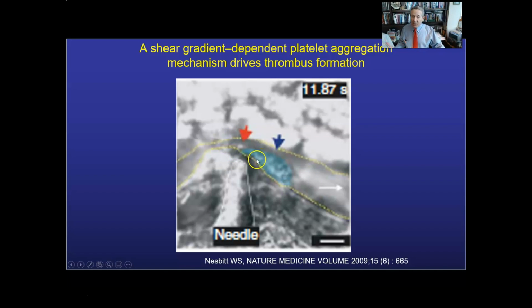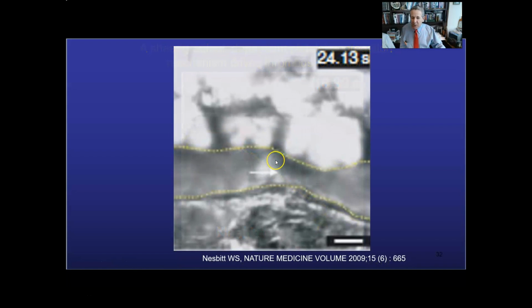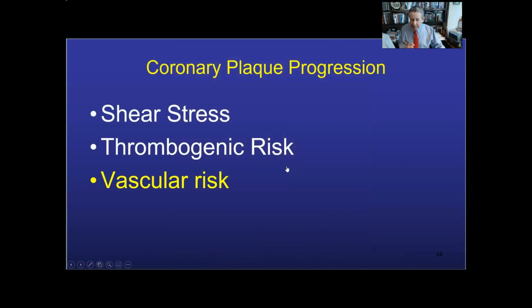Not only do you have risk of atherosclerosis, you have risk of platelet aggregation and thrombosis. And when you pull the needle back, you begin to disrupt the plaque and you get laminar normal flow again. So flow has a risk for thrombogenesis as well as atherogenesis.